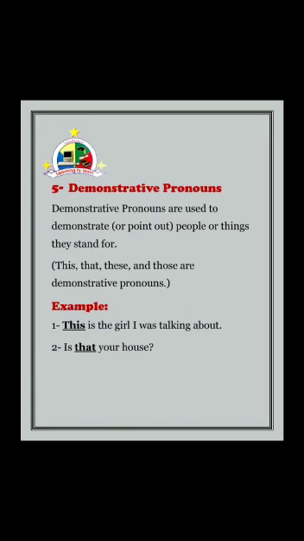This, that, these, and those are demonstrative pronouns. For example, this is the girl I was talking about. Here this is a demonstrative pronoun. In example number 2, is that your house? Here that is a demonstrative pronoun.